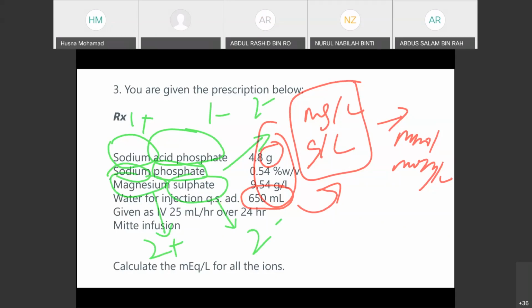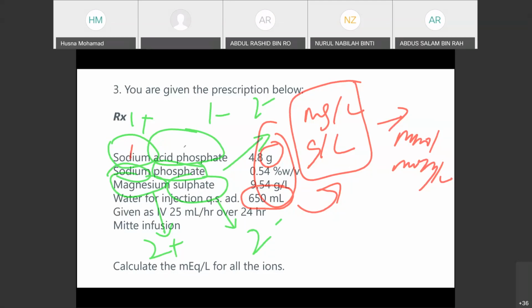So sodium acid phosphate: how many mole of sodium inside the sodium acid phosphate? Go back to your chemical equations. How many mole of sodium? 1. Acid phosphate? 1.